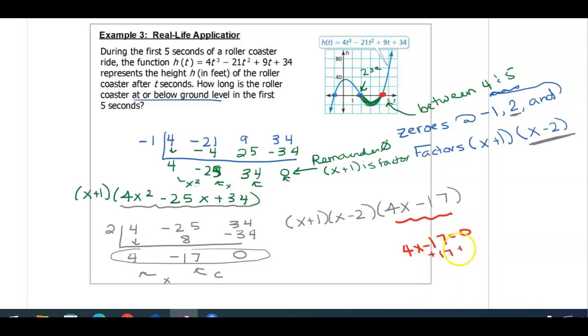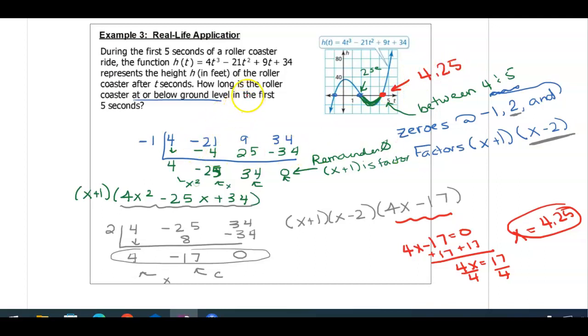Adding 17, I get 4x equals 17, divided by 4, so x is 17 over 4, which is 4.25. So this here is 4.25.